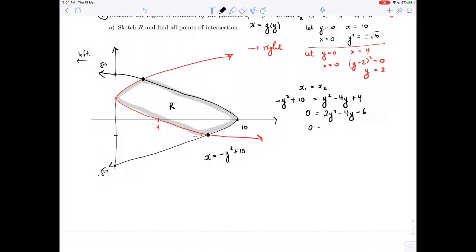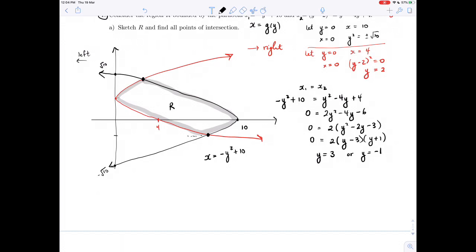I'll factor out a common factor of 2, and that leaves me with y squared minus 2y minus 3, which factors for us very nicely. So 2 stays on the outside, y minus 3, y plus 1, which is telling me that y is positive 3 or y is minus 1.